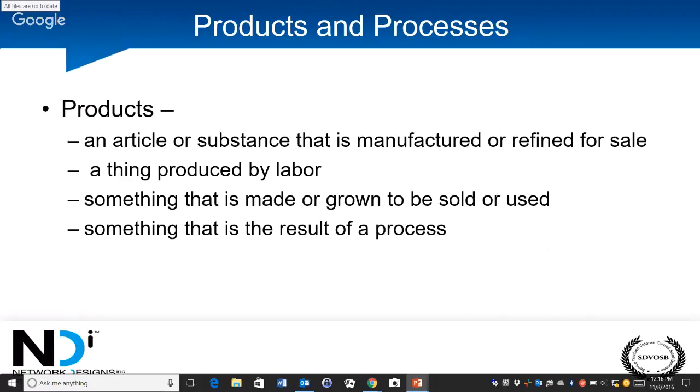We manufacture and produce this software that we call our product, and it is produced by your labor in coding the software, and it is made to be sold, and it is the result of a process. We have processes, policies, and procedures in place that we use to get to that end product of our software.